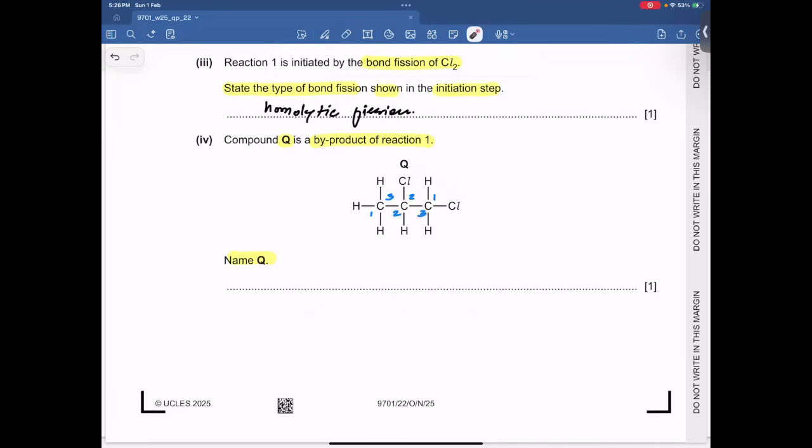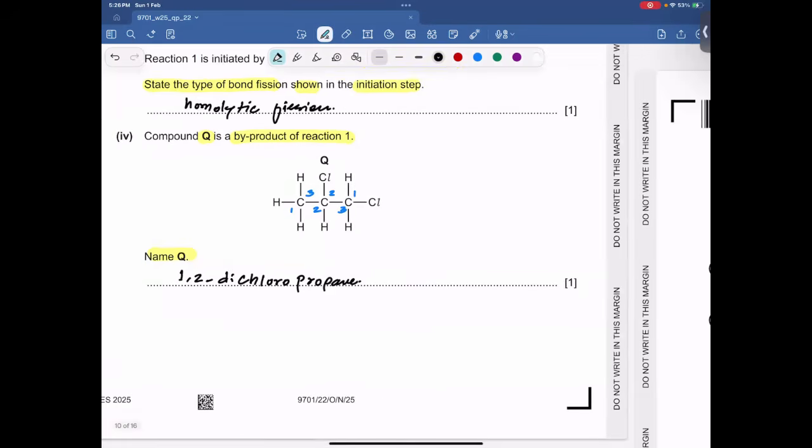So I'm going to go with the right hand side because it will give you the lowest numbers for the functional groups. All right. So it's going to be 1,2-dichloropropane. My God, that's so easy.